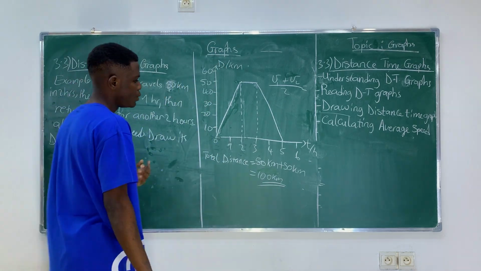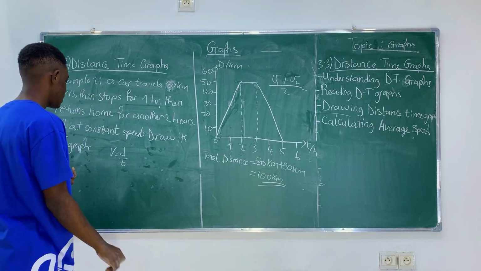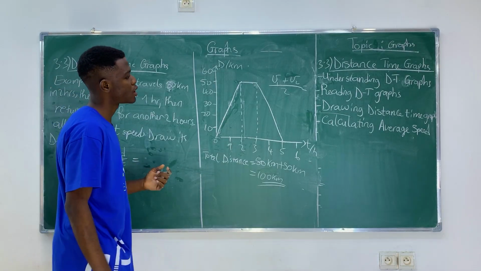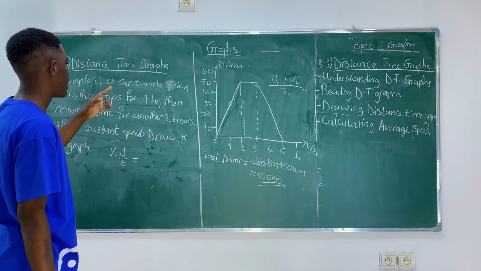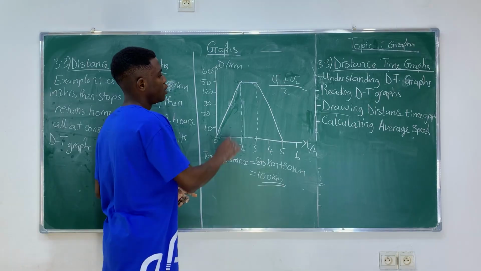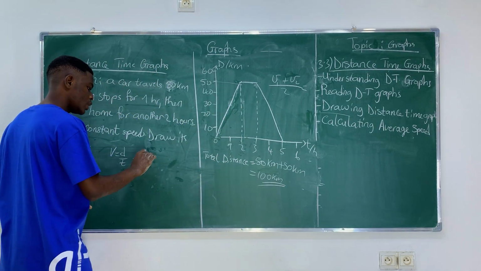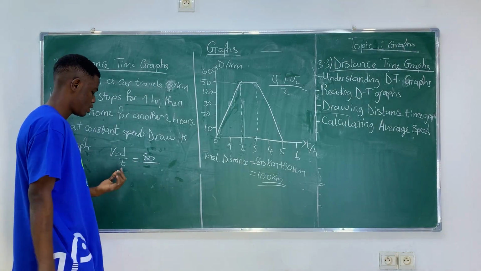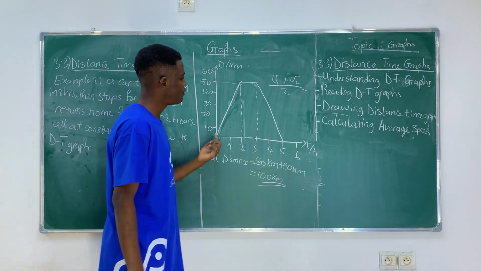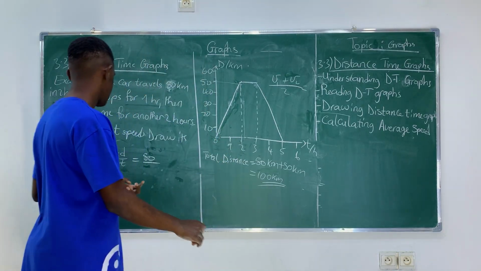So what is the average speed for the first 2 hours? Speed is equal to distance over time. The distance traveled for the first 2 hours was 50 kilometers. So I do 50 over time. That 50 kilometers was traveled in the first 2 hours, so the time is 2 hours.